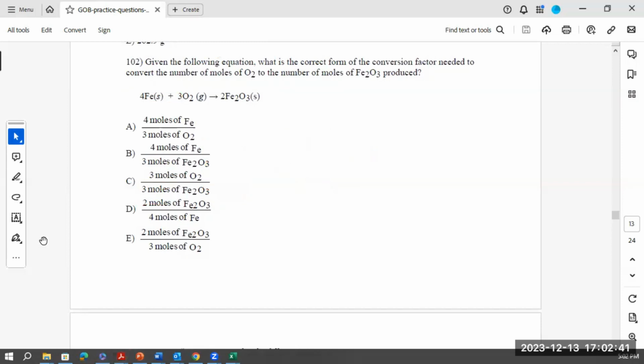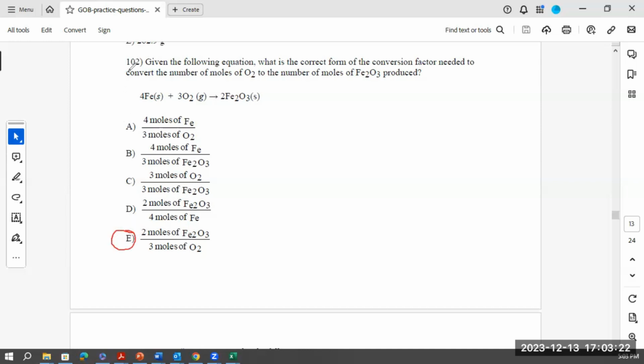We've gone pretty fast. This is very impressive. Okay, so given the following equation, what is the correct conversion factor needed to convert the number of moles of oxygen to the number of moles of iron 3 oxide? So you said 2 moles of iron oxide to 3 moles of oxygen.